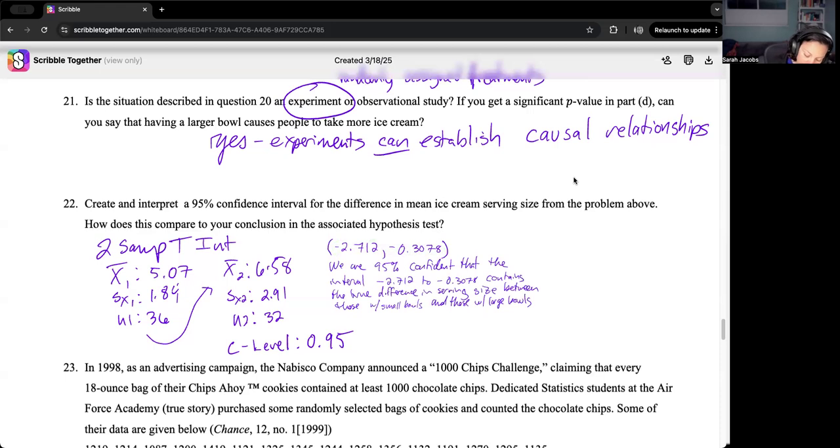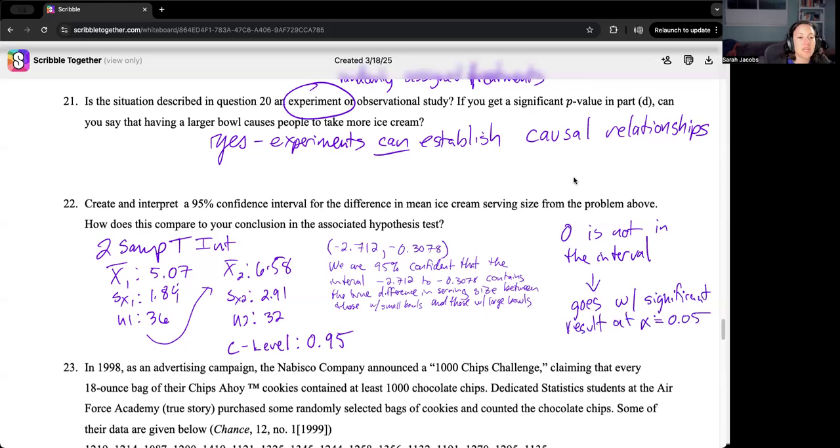So 0 is not in the interval, right? It's not between the two bounds of the interval. Goes with a significant result at alpha equals 0.05.